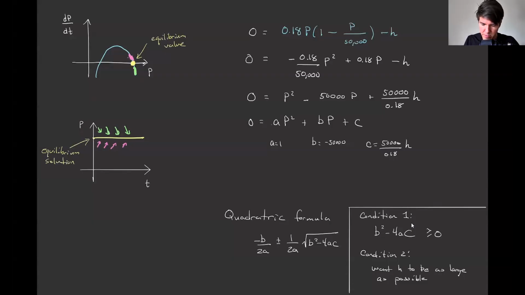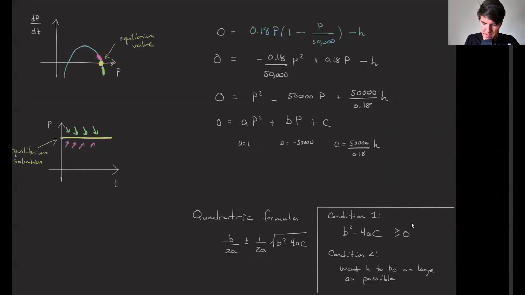So back here with the constant harvesting, we took this and we said, okay, set it equal to 0. That is the way we find the different equilibrium values and then equilibrium solutions. Now we're going to, in a similar manner, set 0.18p times (1 minus p over 50,000) minus e, so maybe I'll put e here in magenta, e times p.